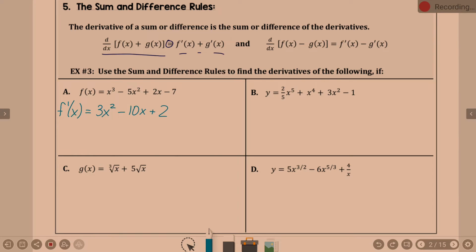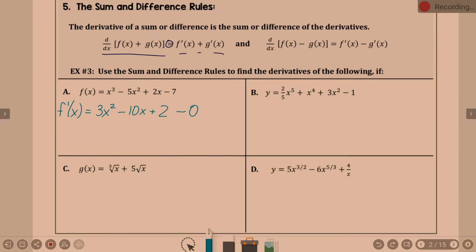Minus derivative of 7: 0. That is the very first thing we did, the constant rule. The derivative of a constant is always 0. We're going one less power, but there's already no power, so it's gone.